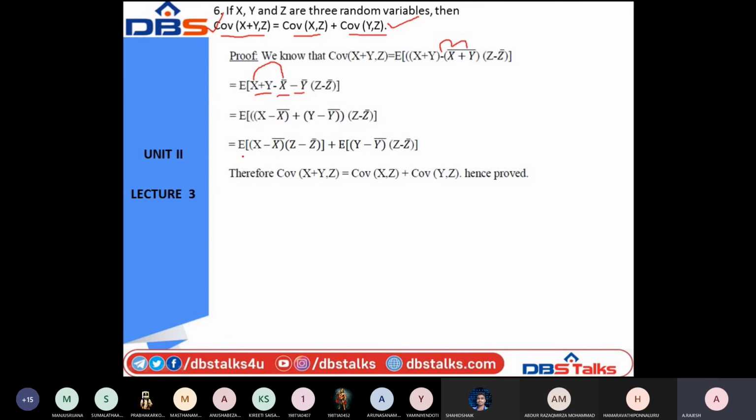By multiplying, we have to multiply Z minus Z complement with both these terms. Then E of X minus X complement into Z minus Z complement plus E of Y minus Y complement into Z minus Z complement. We can write this one as the covariance of XZ and this one as the covariance of YZ. Hence we have proved what they wanted to show us. Okay, thank you.